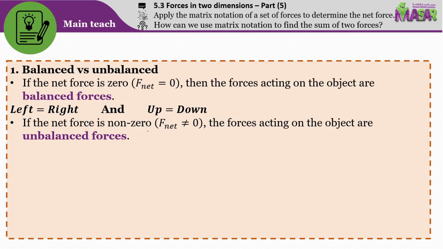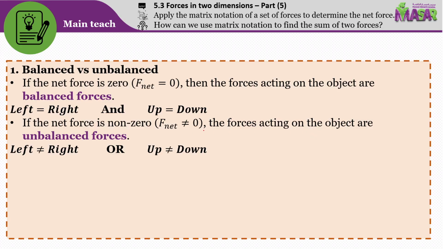Now, if the net force is non-zero, does not equal 0, the forces acting on the object are unbalanced forces, which means at least left does not equal right, so they are unbalanced along the horizontal, or up does not equal down, which means the forces are unbalanced along the vertical.